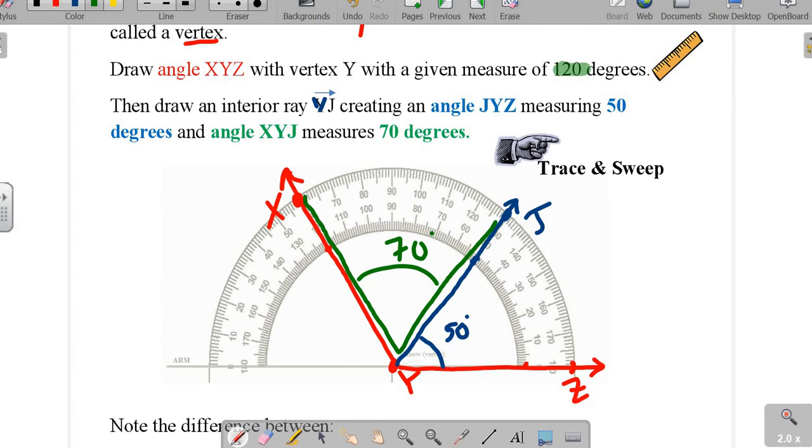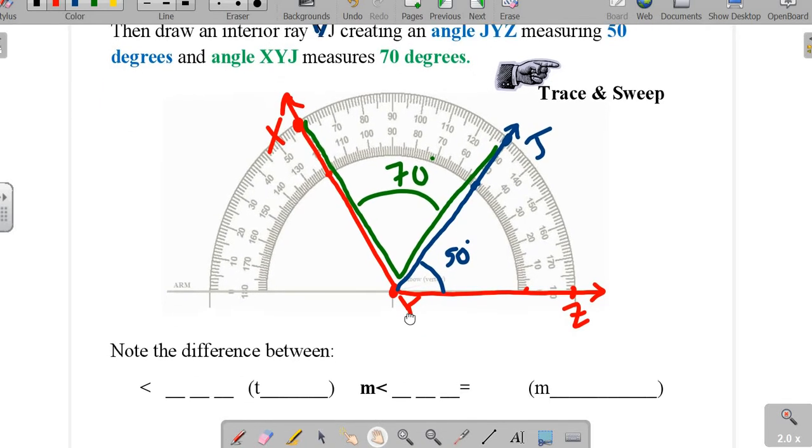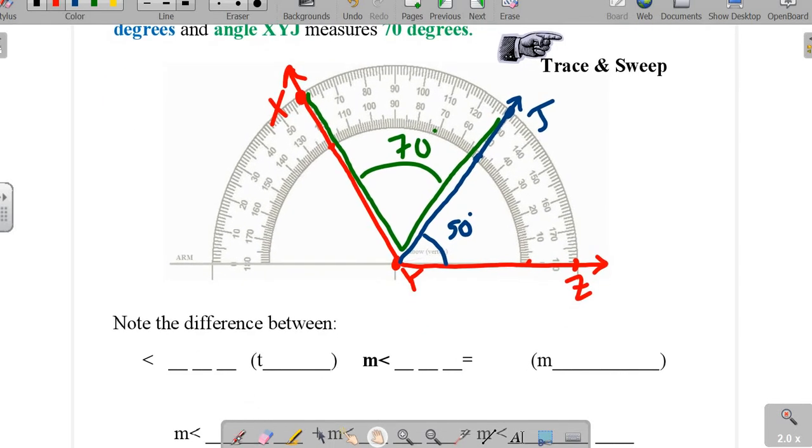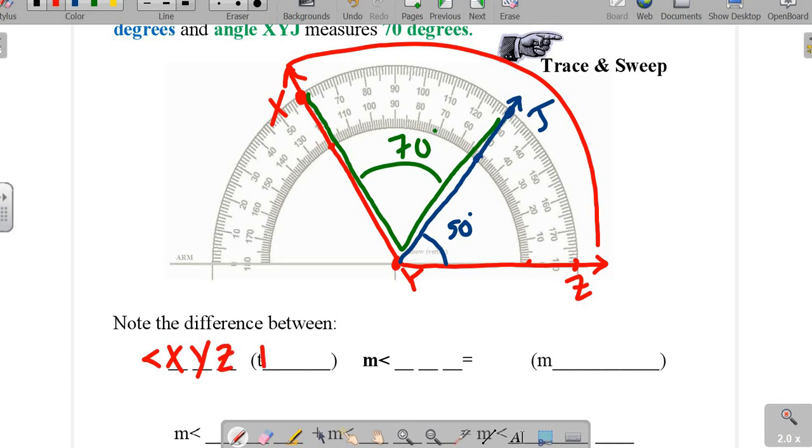Now, if I want to talk about the measure of angle XYZ, I would write it like this. If I want to talk about just the physical angle XYZ, I would write it like this, angle XYZ. That is in reference to the physical thing of the angle.